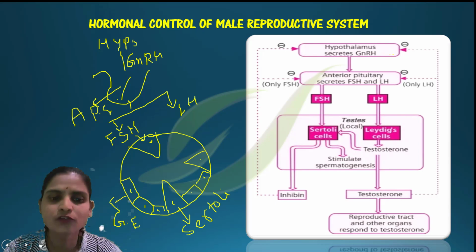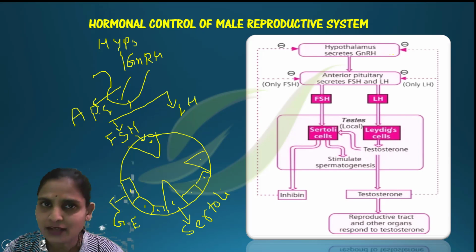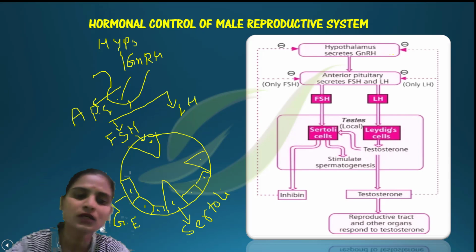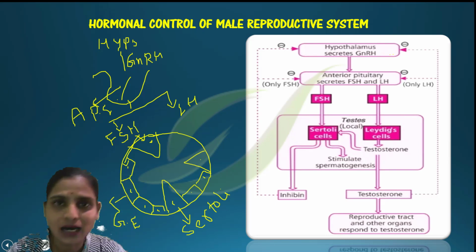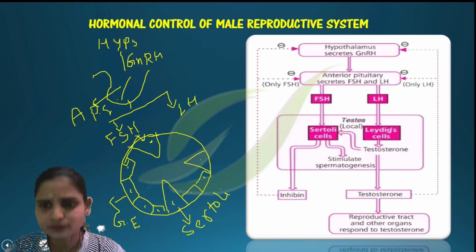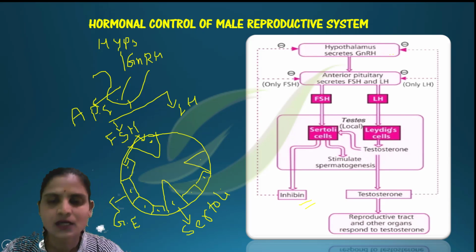With the help of follicle stimulating hormone, it acts on Sertoli cells as well as on germinal epithelium cells, so that spermatogenesis will take place. And these Sertoli cells also produce a protein called inhibin. It is a hormone made up of protein.